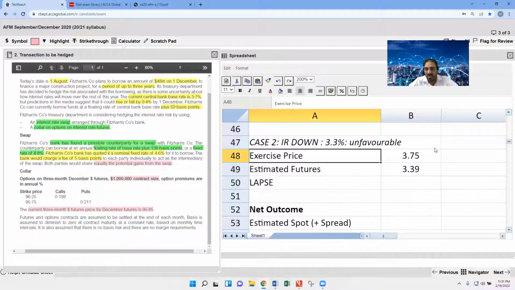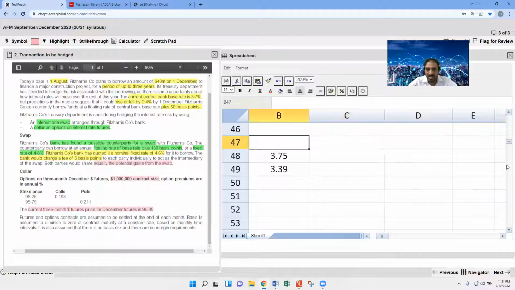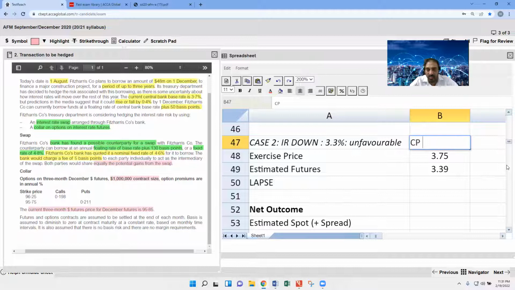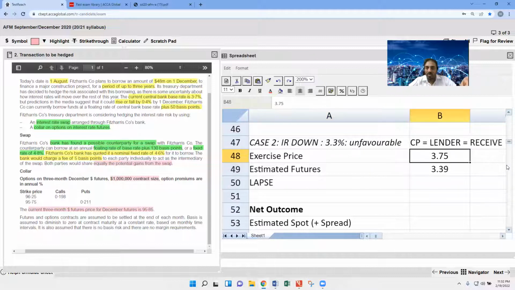Now we have to consider here the counterparty as lender, and consider what they receive. If the counterparty as a lender goes to the market, he or she will receive 3.39.